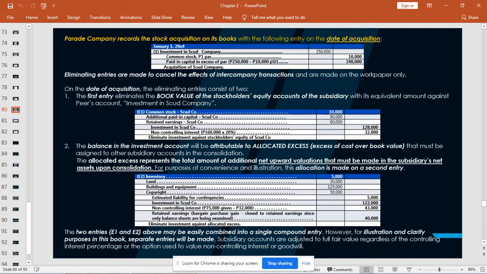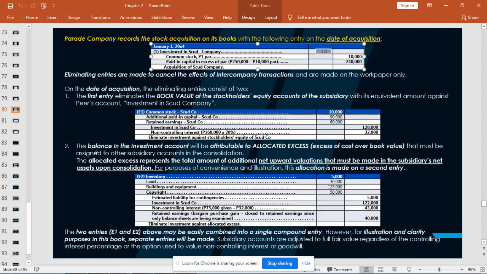So our entry to record our investment, same entry, investment in subsidiary company of 250,000, credit common stock of 10,000 and paid in capital in excess of par amounting to 240,000. Then our first elimination entry would be the same.